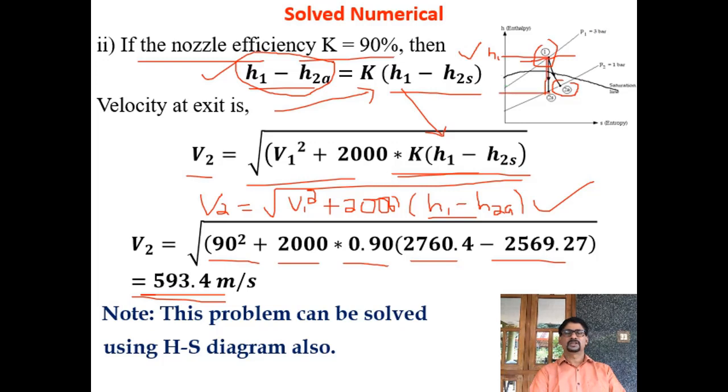So that is 2s, H2S, not H2. Now once you find H1 and H2S, use the nozzle efficiency formula to find H2A. Then you can solve the problem for both isentropic as well as the actual expansion process.